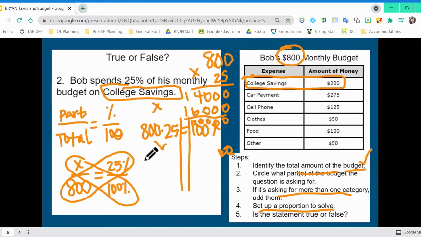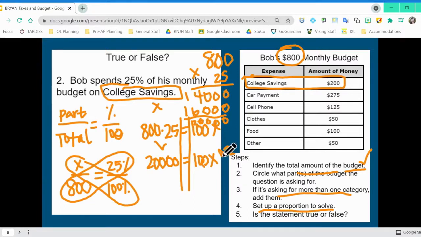Can't even read that. 2,000 is what I got. No, 20,000. Sorry, forgot a zero there. It's so tiny I couldn't read my writing. 20,000, and it equals 100x. Sorry, it's hard to read, guys.